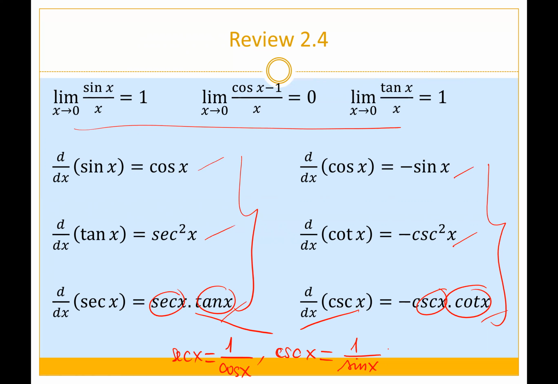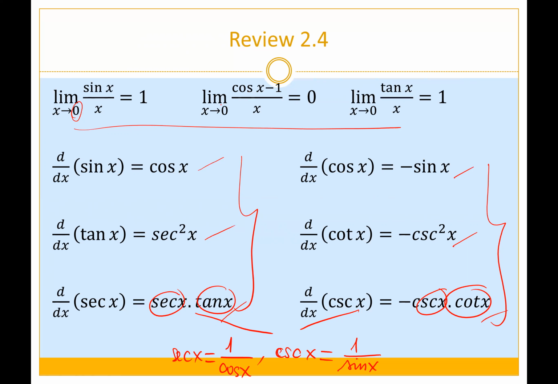So the limit that we need to take care of is the limit of x approaching 0. Remember, this is 0, not infinity, not pi over 4, not any other number, but it has to be 0. The limit of sine x over x is 1. Then the limit of x approaching 0 of cosine x minus 1 over x is also 0.